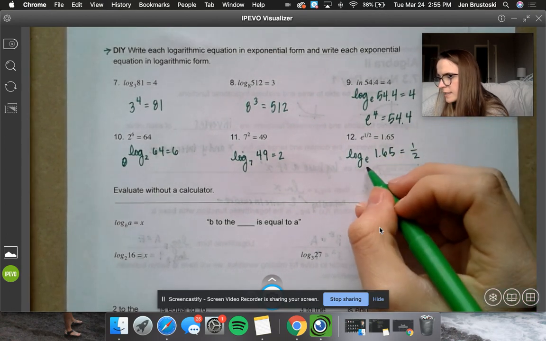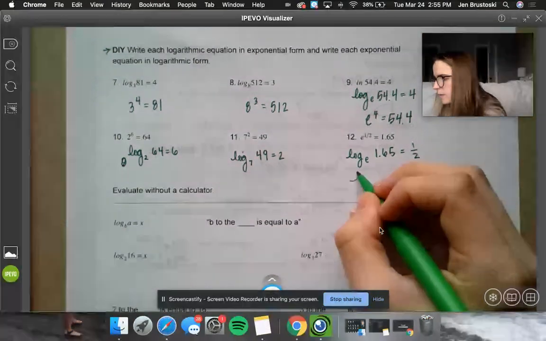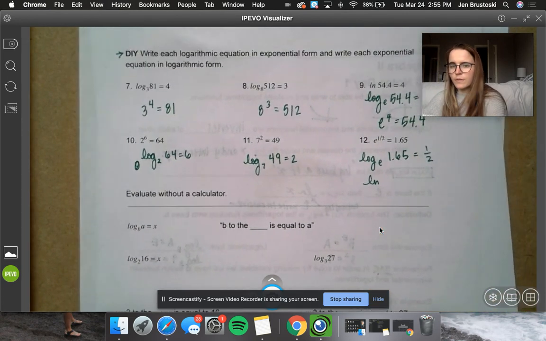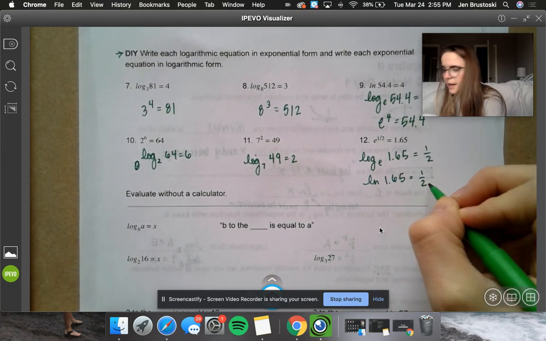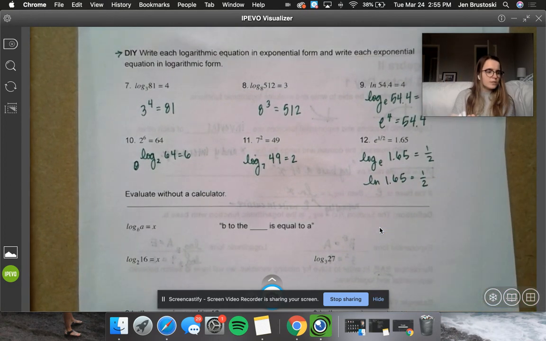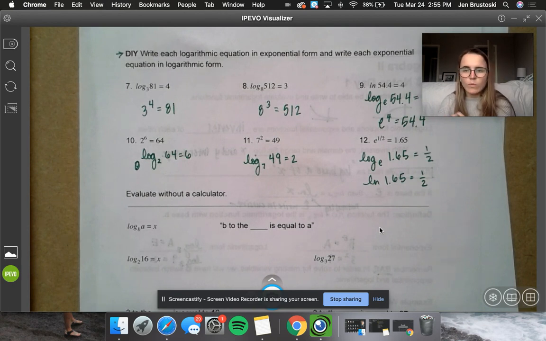But this one we can write as ln because we've got log base e. So we've got ln of 1.65 equals 1/2. Make sure if you have any trouble with those, you sign in to the Google Meet when it's your time, and we can go over that.